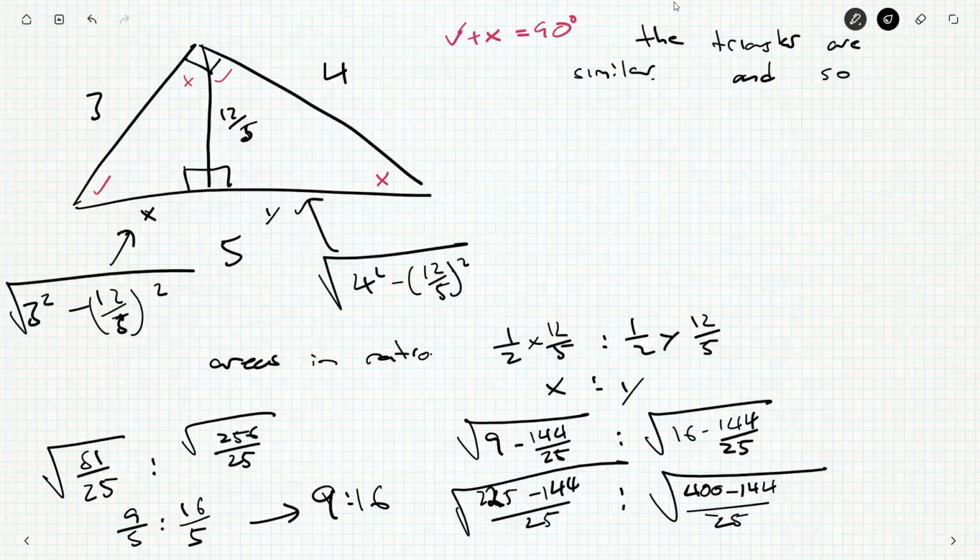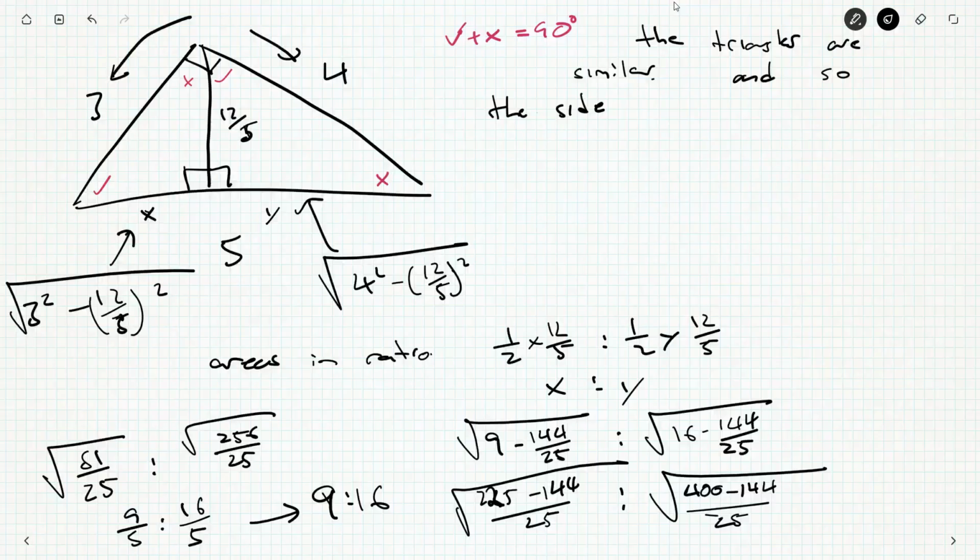And so the ratio of the areas. If sides are in the ratio of something like m to n, areas are in the ratio m squared to n squared. So this is a nice little fact. So we can compare the hypotenuses.